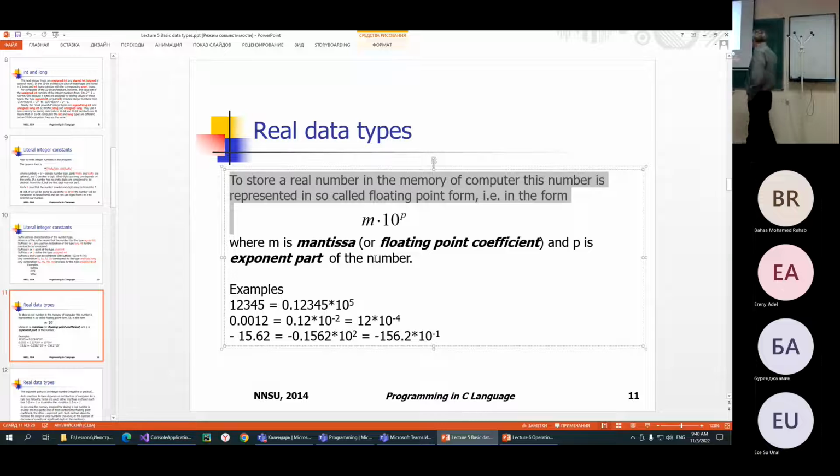Take one of such simple numbers as 1/3. How to write 1/3 in the form with the point? 0.333.